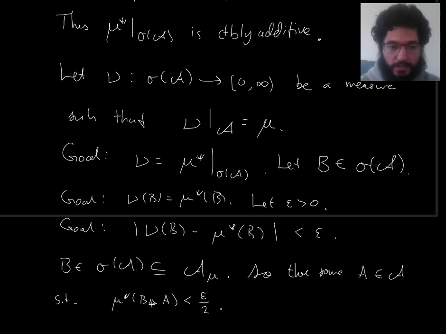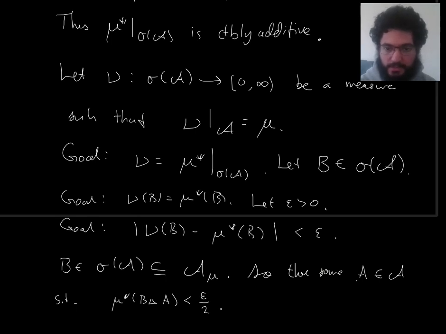Now, how in the world can I get our function nu into the picture? How can I compare nu and mu star? Well, the only thing that keeps nu behaving in a certain way is the fact that nu on the original algebra of sets is just mu. That's the only thing keeping nu under control. So my goal now is to bring things down to the level of sets in the original algebra of sets.